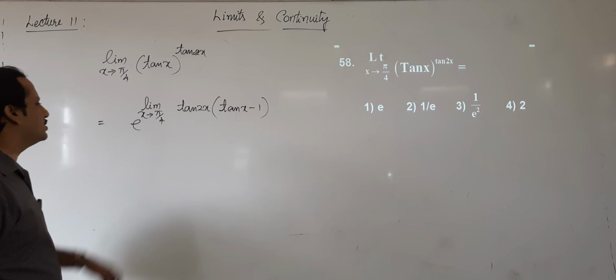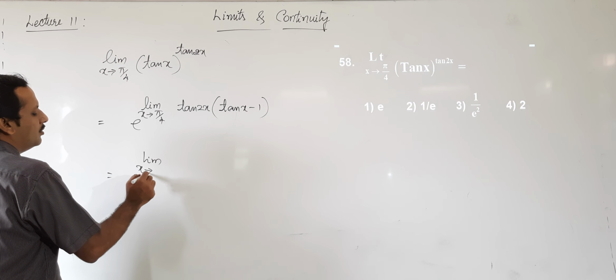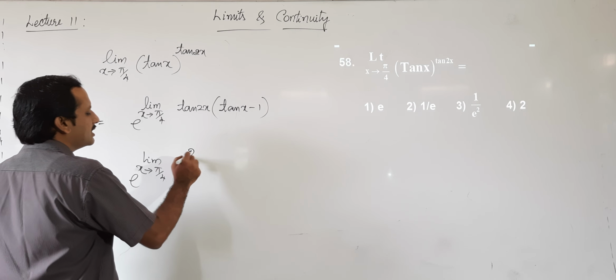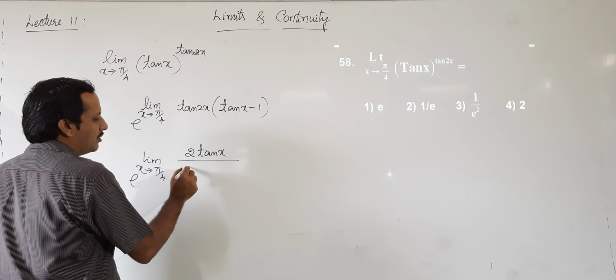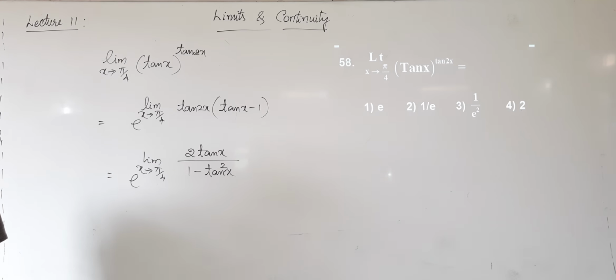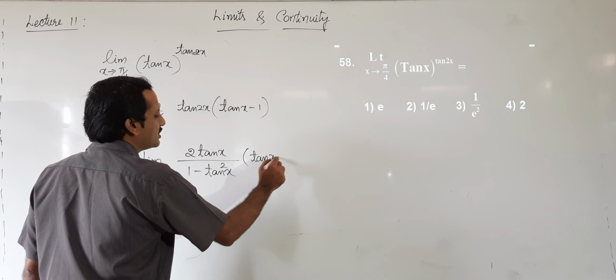Now we use the tan 2x formula. Tan 2x is nothing but 2 tan x divided by 1 minus tan square x. So tan 2x into tan x minus 1 is 2 tan x divided by 1 minus tan square x, into tan x minus 1.